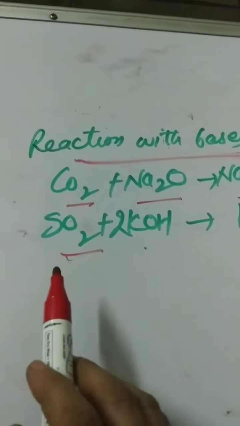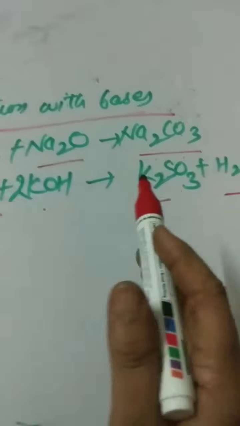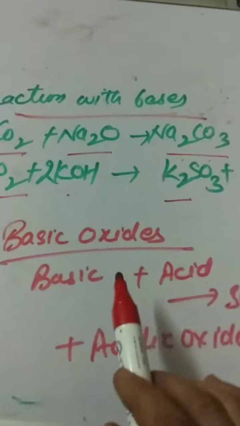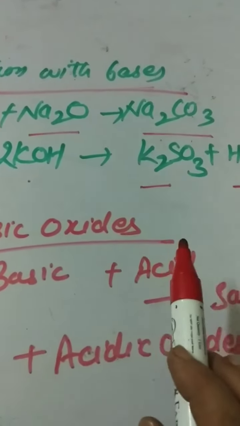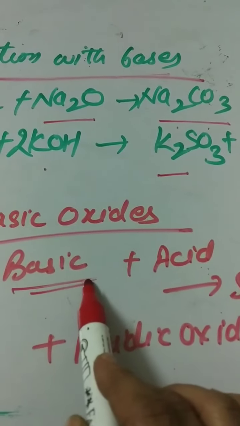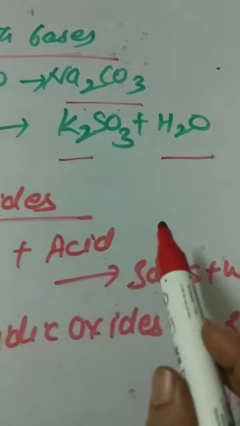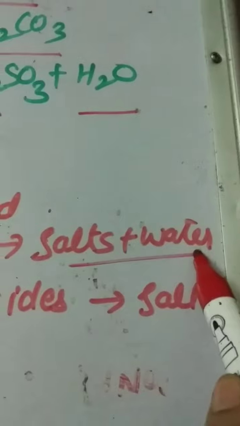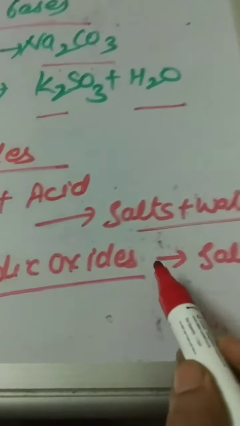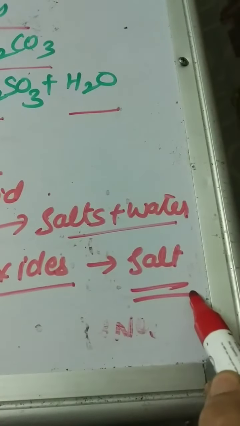Now, when non-metal oxides react with bases, what do they form? Salts. Basic oxides. These oxides of metals are generally basic and react with acid to form salt and water. They also react with acidic oxides to form salt.